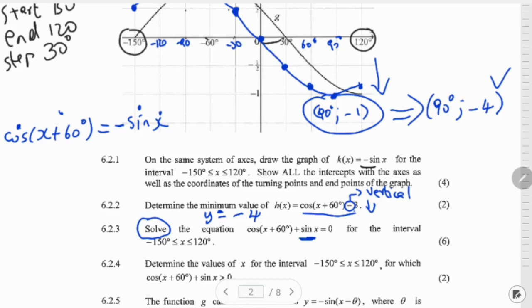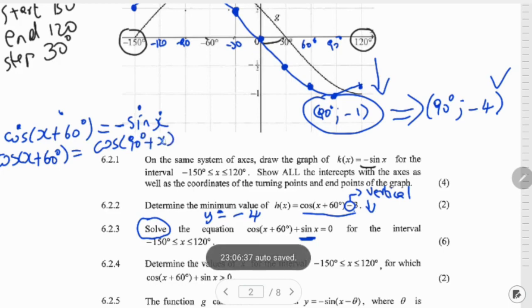Okay, what will we have? We are going to have cos of x plus 60 equals, then we can change that and make it a cos of 90 plus x. We're going to go with its negative because in the 90 plus x sine is positive.